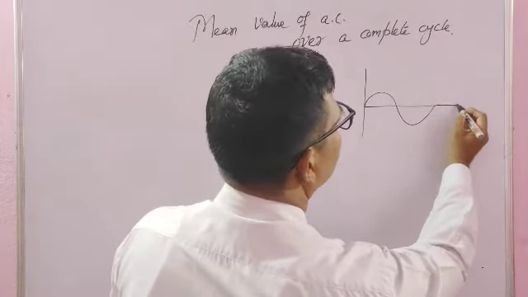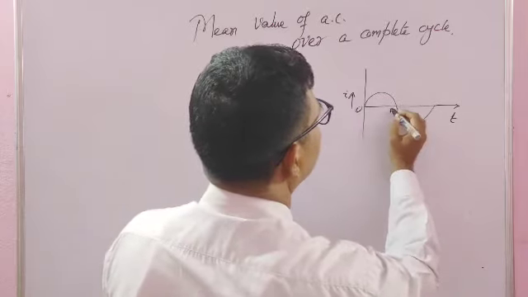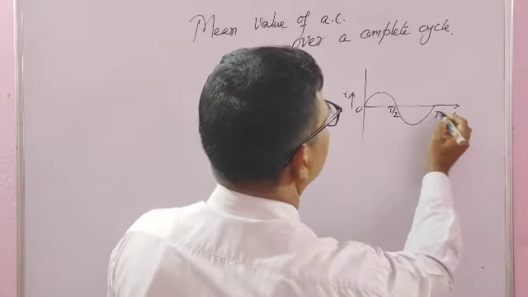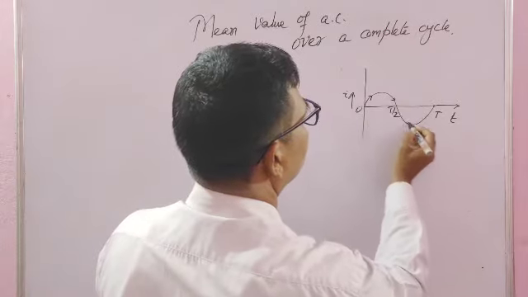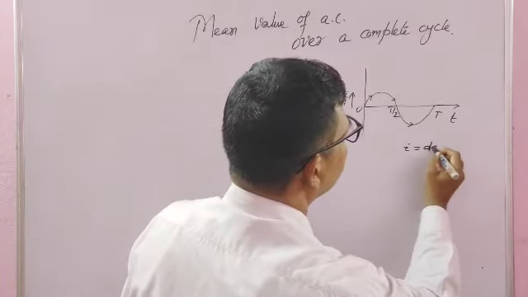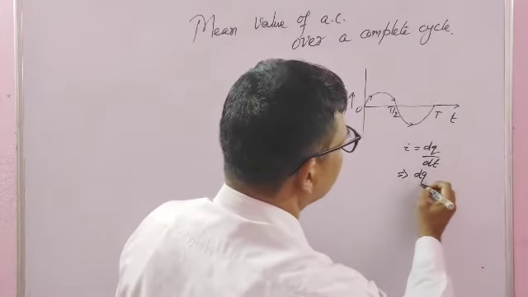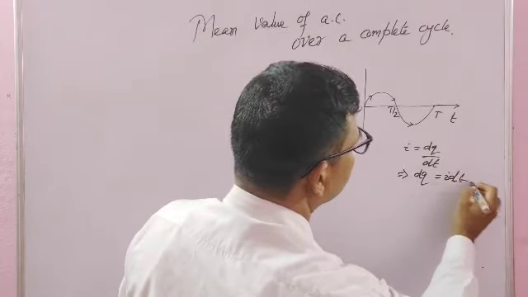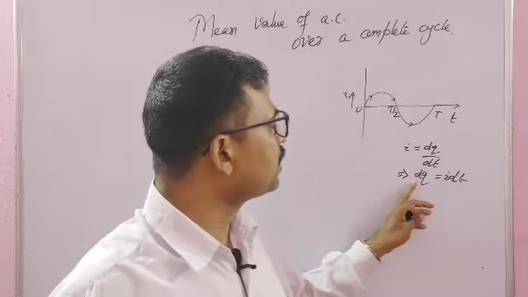Suppose this is time, this is I, this one is T by 2, this one is T. Now you are sending some amount of charge. So I is equal to dq by dt, so dq is equal to I dt. So in a small interval of time you are sending dq.